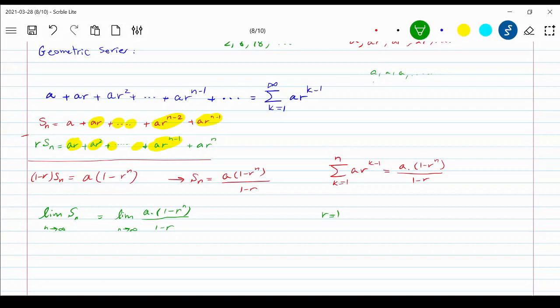Otherwise, if you add 1, for example, to infinity, then this would be infinite. So you would have a divergent series. So in the case of r equal to 1, you have to say it is not convergent, unless a is 0, which means you have a zero sequence, basically. So I can say divergent.